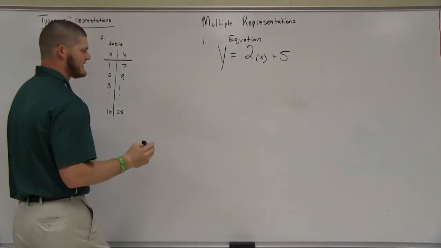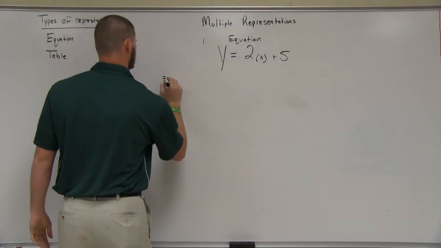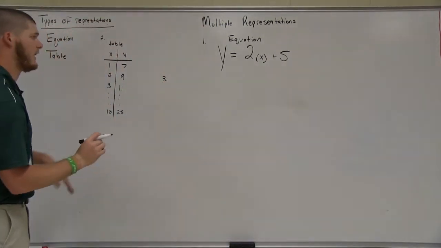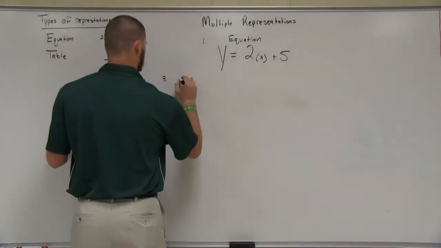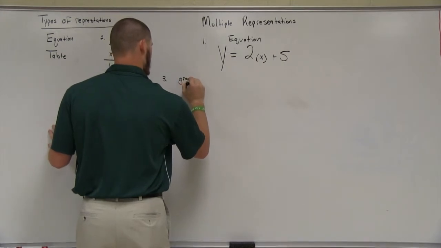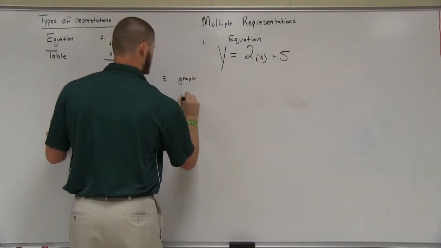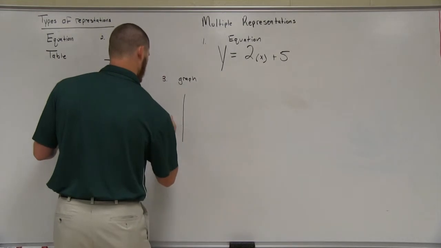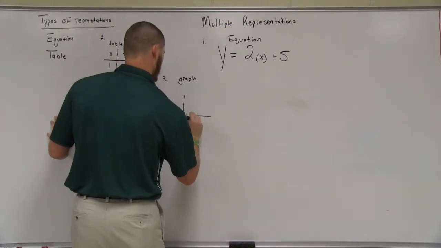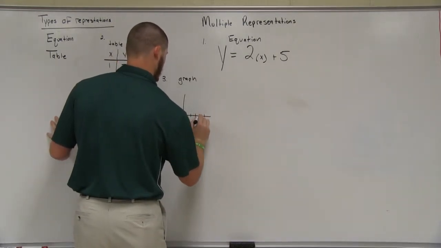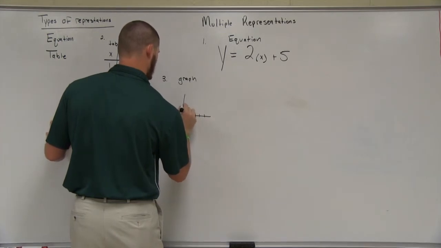The next way that we see quite often is to use what's called a graph. A graph has basically the same idea. Well, it is the same idea. We're still using the same equation.